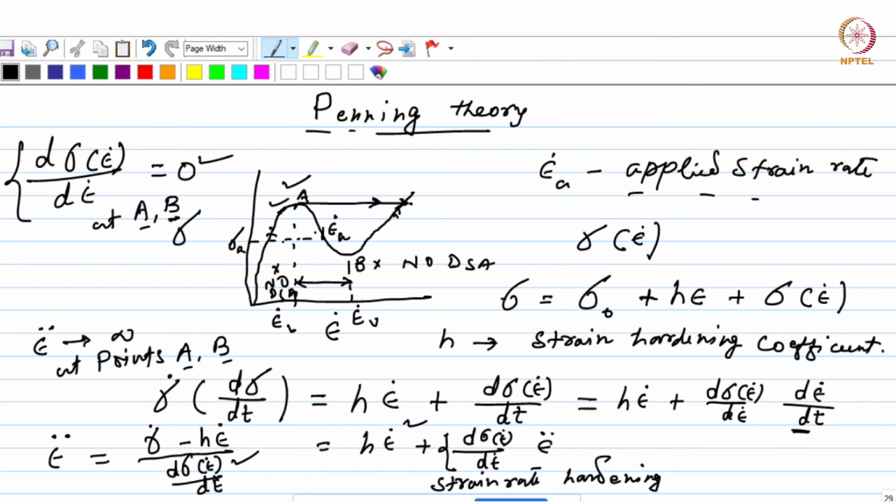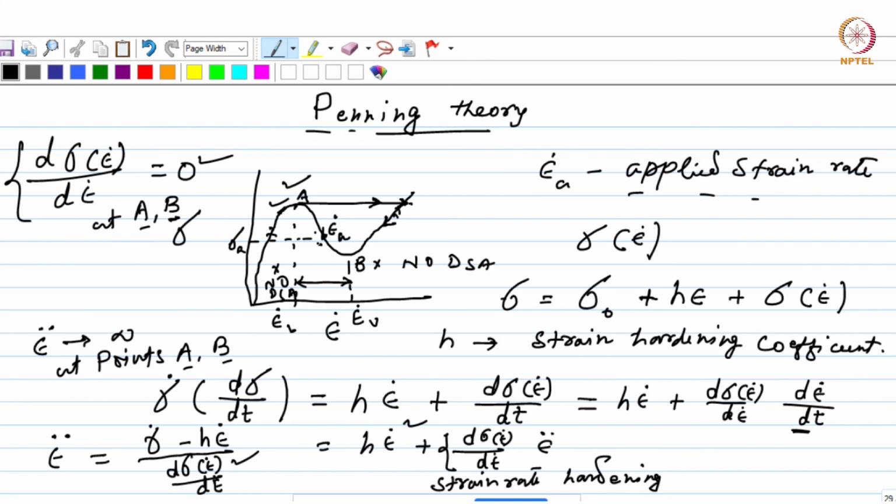That means this is higher than this particular stress corresponding to the applied strain rate epsilon dot A. Therefore, this will tend to come down and try to reach the stress corresponding to this particular point.